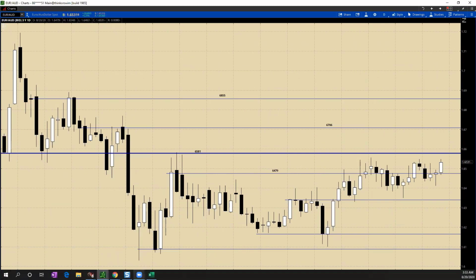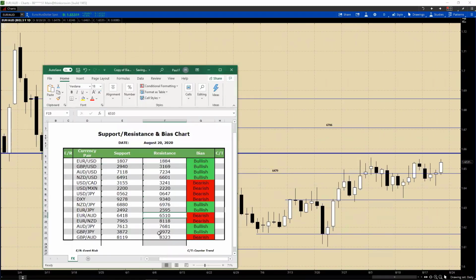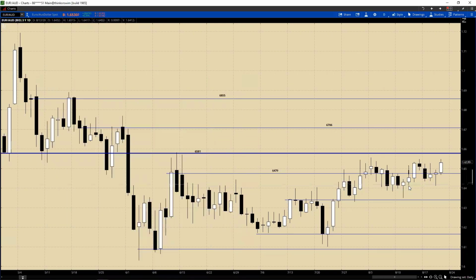Real nice rebound too. And for support, I don't know if it'll make it that low. Let's go with the touches off of these two lows, 64.37.